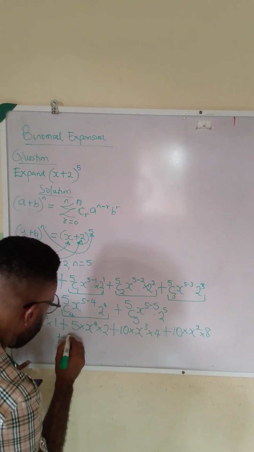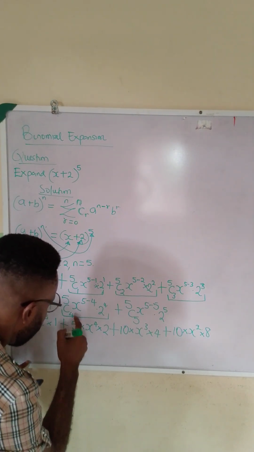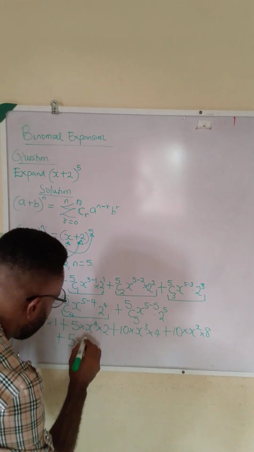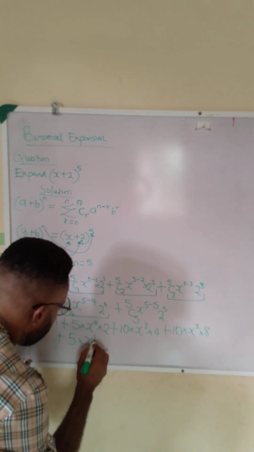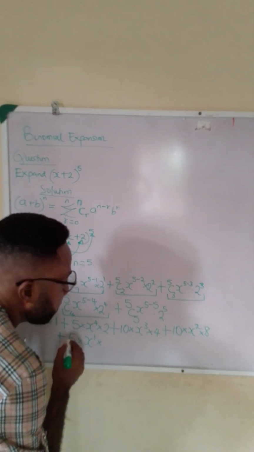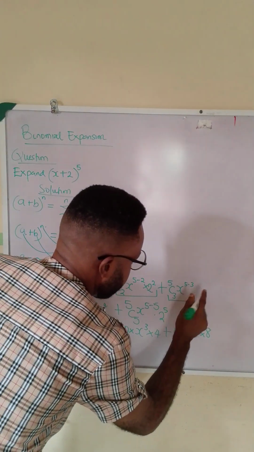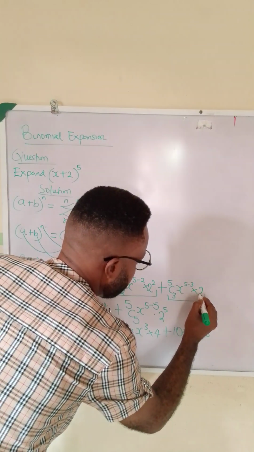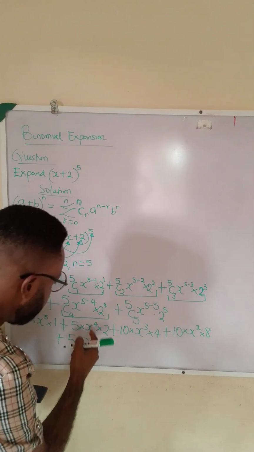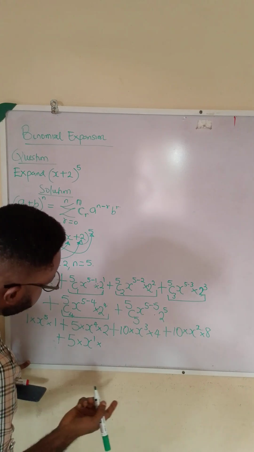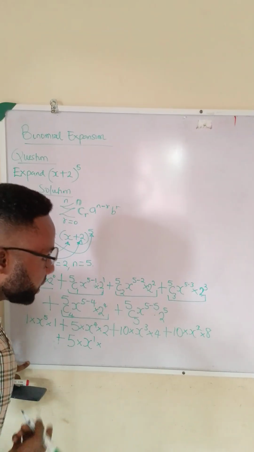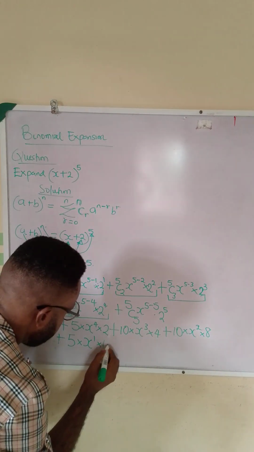So we have 5 here times x raised to power 5 minus 1 will give us x raised to power 1 times, okay, we can put times here. It's the same thing here, times, for those who may not understand that dot here means multiplication. So 2 raised to power 4, that is 2 times 2 times 2, 8 times 2, 16.